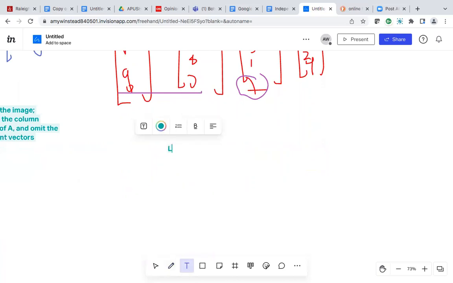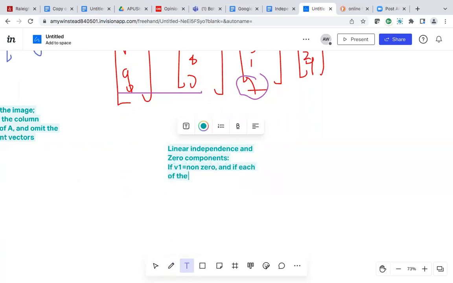called linear independence and zero components. So basically, we're considering vectors v1 through vm in Rn. I'm not going to write that out. But if we have v1 is non-zero, and if each of the vectors vi, where i is greater than or equal to 2, right?